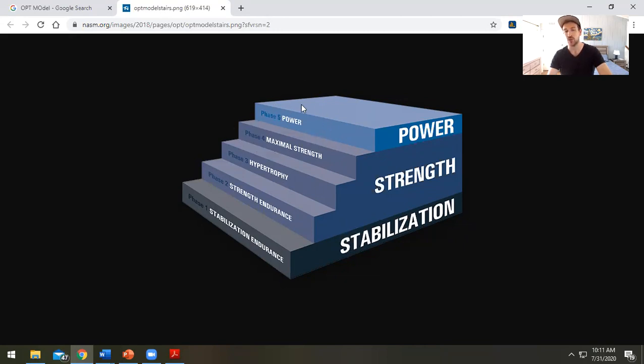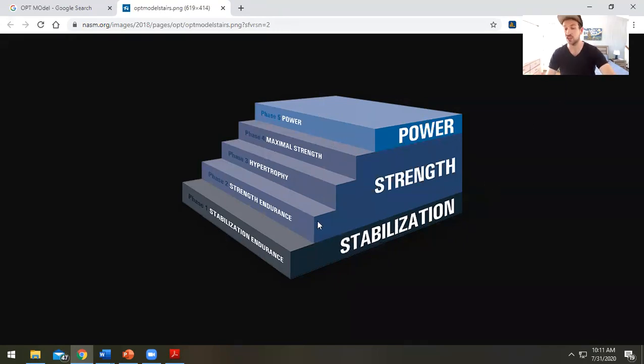These phases correspond really well with client goals, and these levels correspond really well with physiologic adaptations. Not that hypertrophy and max strength aren't physiologic adaptations, but if you separate those 2 concepts in your brain, you start to understand the OPT model really clearly.